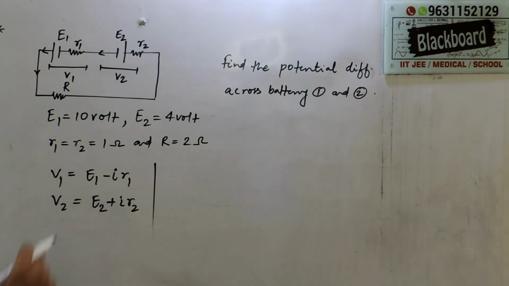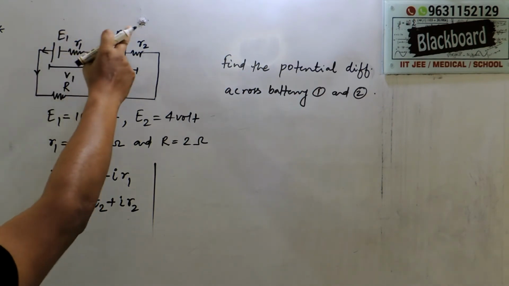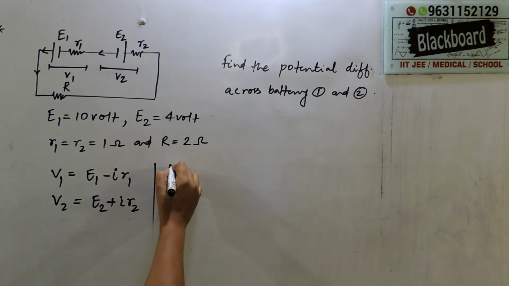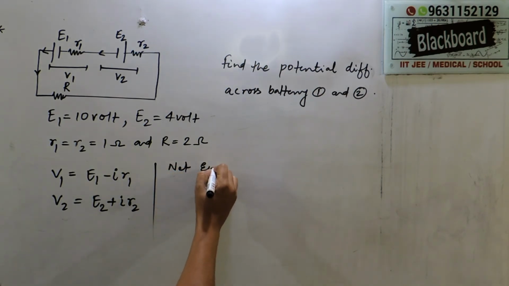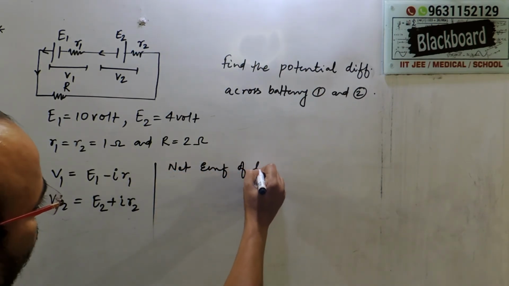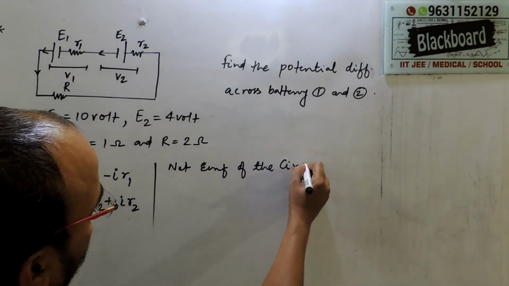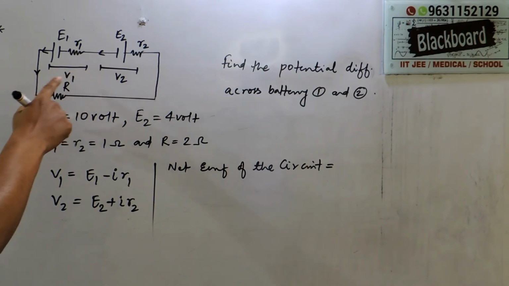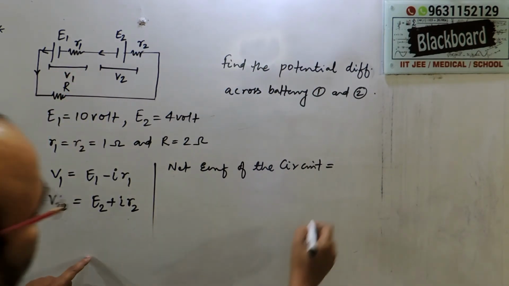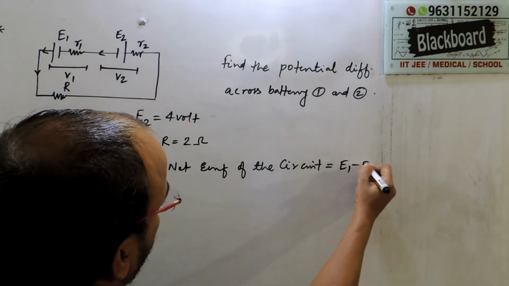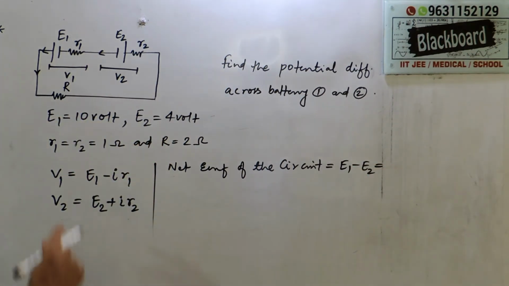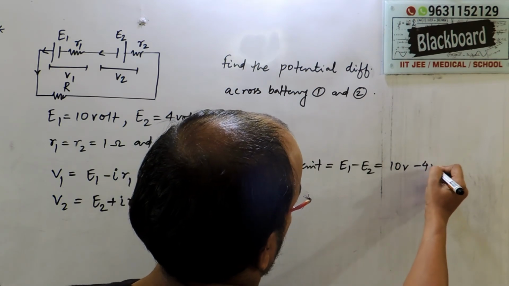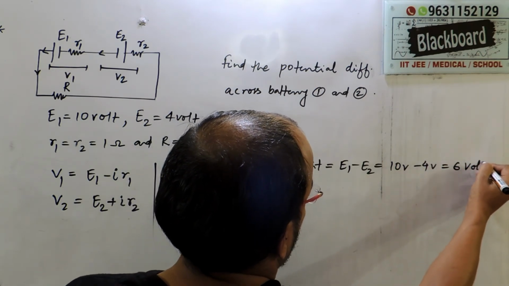For I, the net EMF of the circuit: the batteries are in opposite direction. So the net EMF of the circuit is equal to E1 minus E2, that means 10 volt minus 4 volt, which is equal to 6 volt.